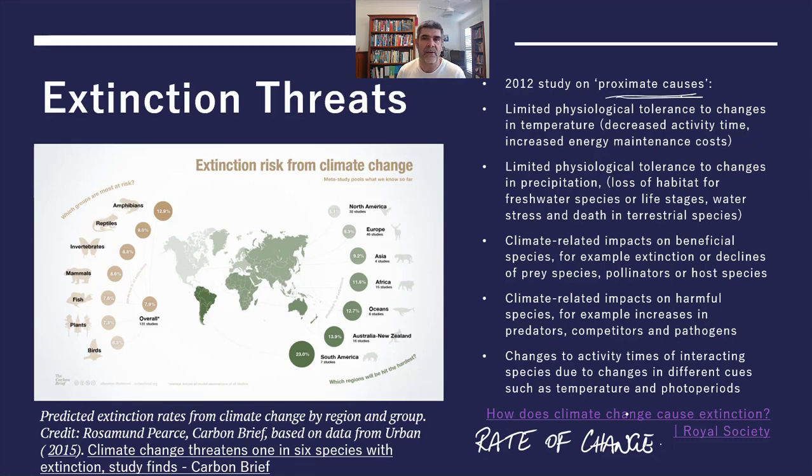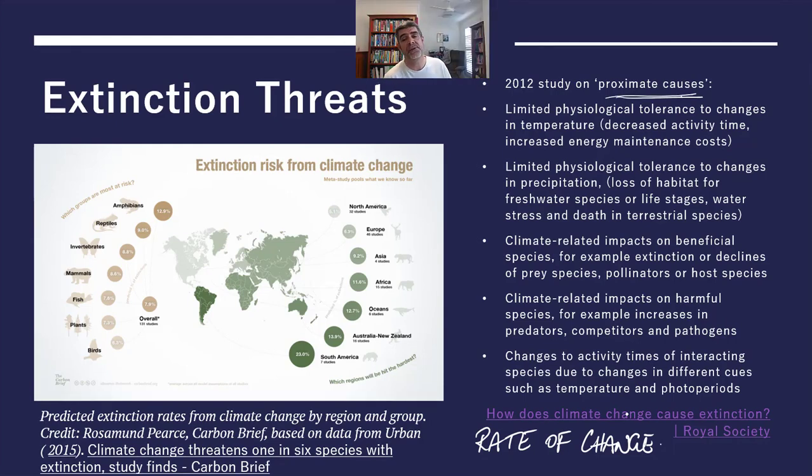You're all aware of salmon moving from the marine environment into a freshwater environment to reproduce. And so maybe there's going to be some interference with those sorts of organisms that do that sort of thing in their life cycle. There may be water stresses and perhaps even death in terrestrial species where droughts are prolonged and we have no opportunity for them to be able to recover that lost water.